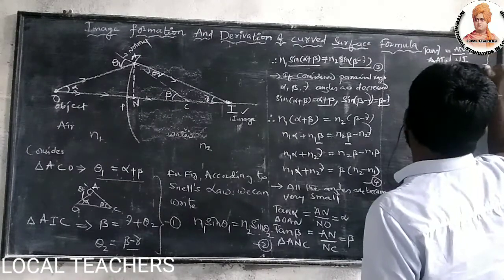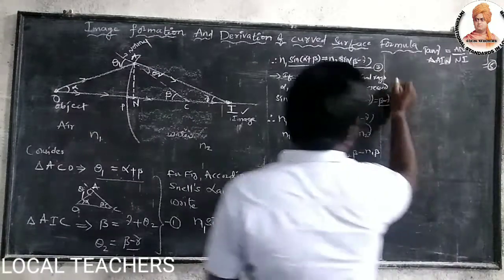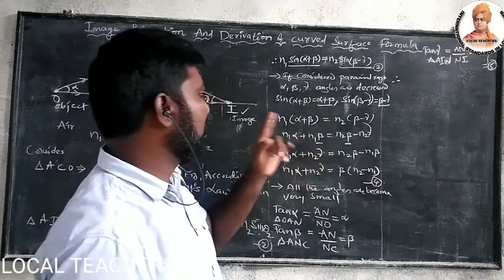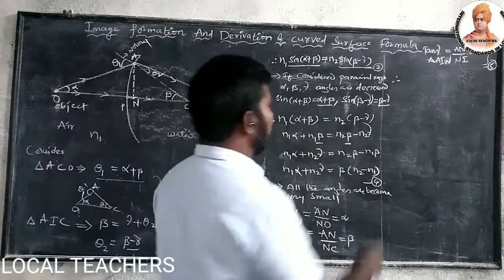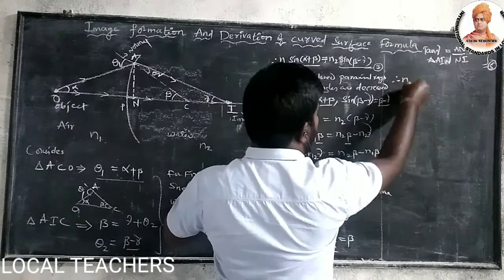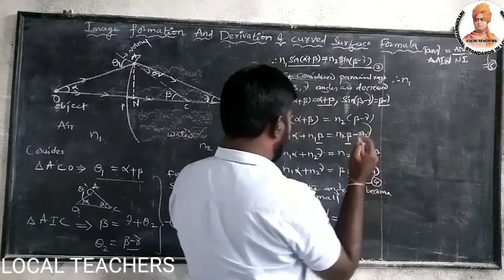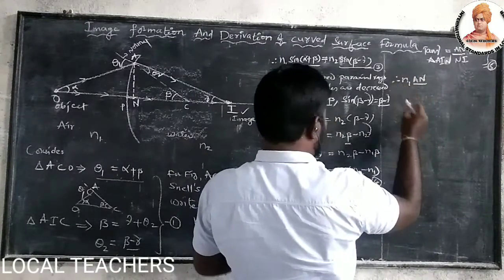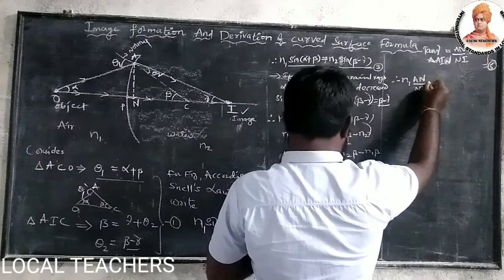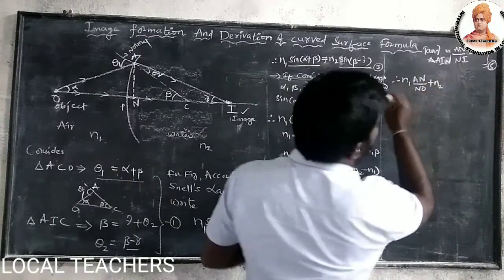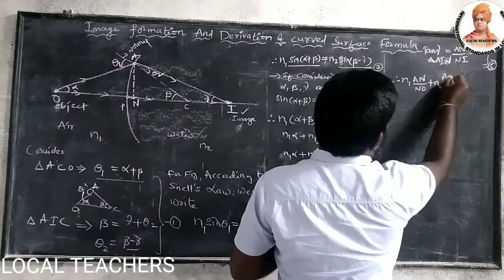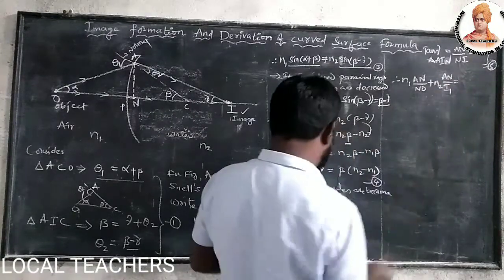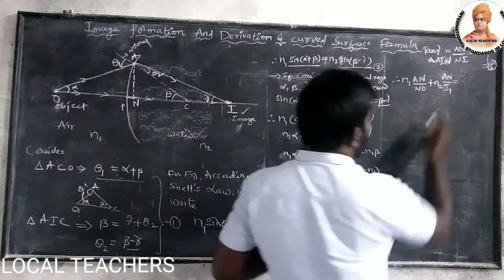The values are considered equation 5. Substitute equation 5 in equation 4. So I can write here n1 into, what is the alpha value here? AN by NO, plus n2, gamma is nothing but AN by NI, that equals beta times (n2 minus n1). What is beta? AN by NC.